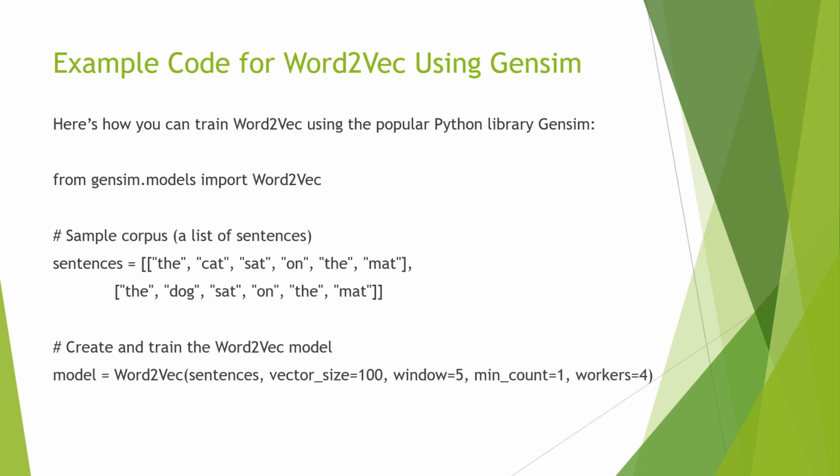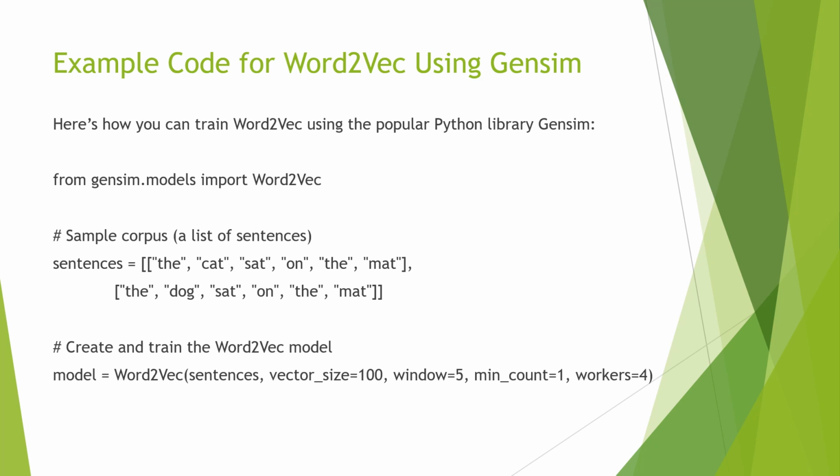Calling this Word2Vec class, we pass the sentences, the vector size is specified over here, and the window size is 5. That means 5 surrounding words will be considered, and the minimum count is at least one, meaning the word should appear at least once. Then workers, we are going to use 4 cores to run the model in parallel.